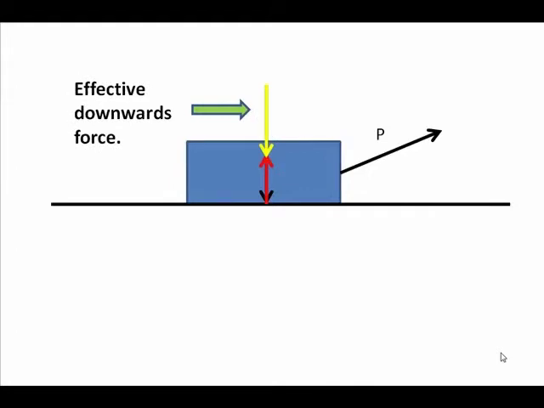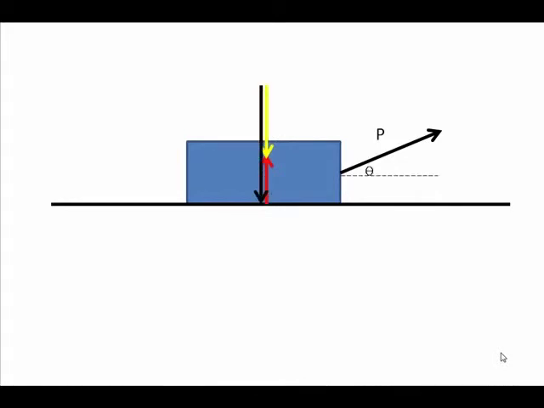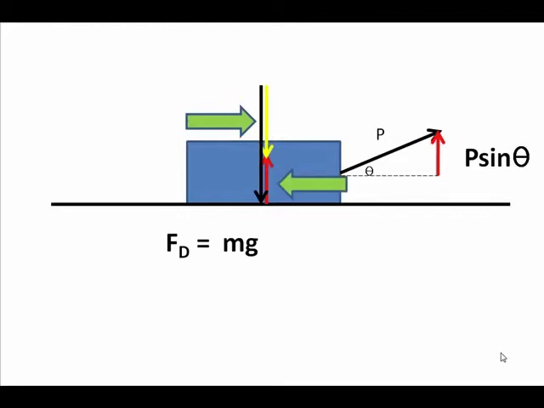Now, how do we find that effective force down? Well, first of all, if that's angle theta, that vertical component would be the opposite side, P sine theta. Therefore, we have P sine theta reducing the weight. The force down then is equal to the weight, which is mg, minus that upward component P sine theta.